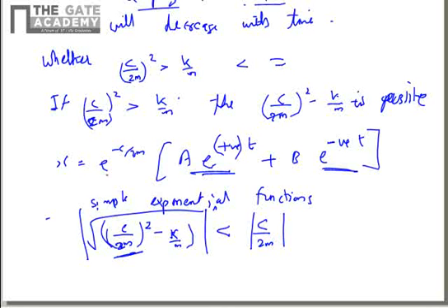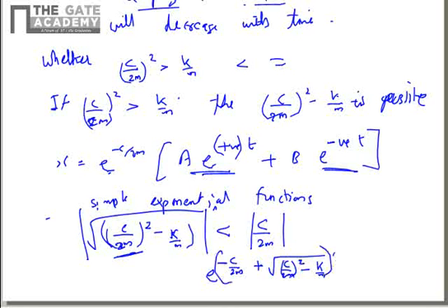So when you multiply e to the power minus c by 2m with this positive quantity, you get e to the power minus c by 2m plus the square root of (c by 2m) whole square minus k by m.